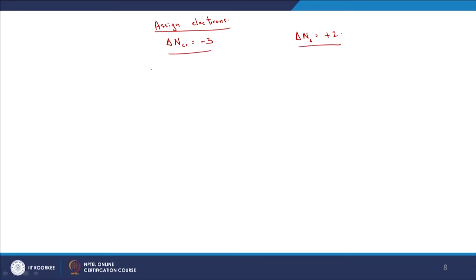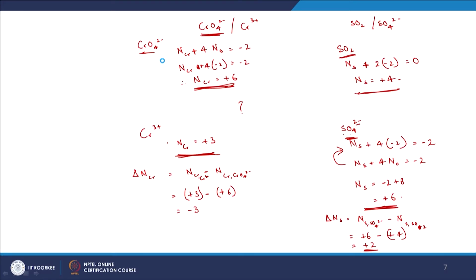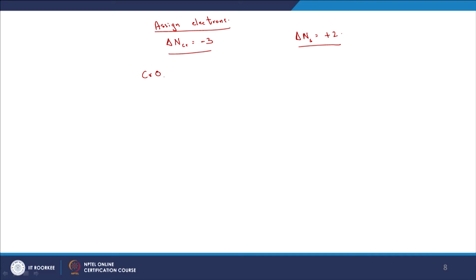So now I'm going to have to assign the electrons, and I know that we started out with CrO4 2-, which goes to Cr3+. And here it was with respect to SO2 going to SO4 2-.